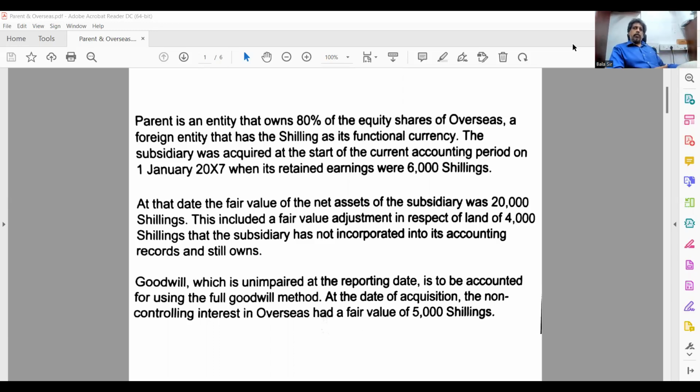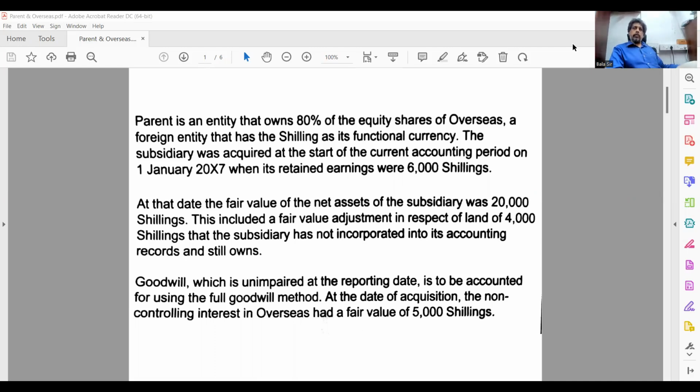Parent is an entity that owns 80% of the equity share of Overseas, a foreign entity that has its shillings as its functional currency. The subsidiary was acquired at the start of the current accounting period on 1st January 20x7 when its retained earnings were 6,000 shillings. At that date, the fair value of the net assets of the subsidiary was 20,000 shillings.